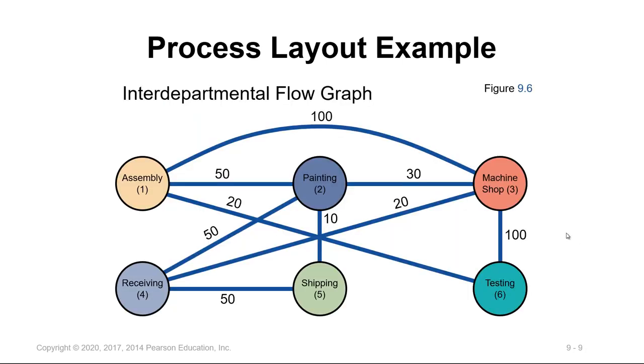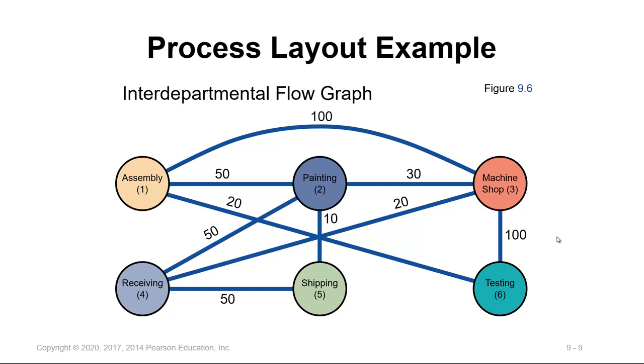This graph represents the interdepartmental flow, showing the number of loads that will be moved between the departments. Remember that the cost of moving one load between adjacent departments is $1, while the cost of moving a load between non-adjacent departments is $2.